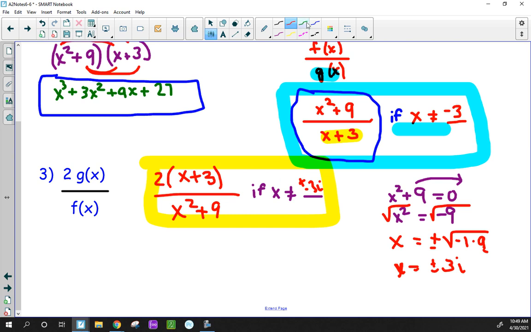If it's imaginary, most of the time the textbook won't even write it. But I did want to share with you what happens if this can't be easily done in your head and you can't figure out what value of x is going to cause this to be 0. Just go to the side, show me your work, show me how you thought about it, and if you actually end up getting a real number back, then make sure that you make that statement.